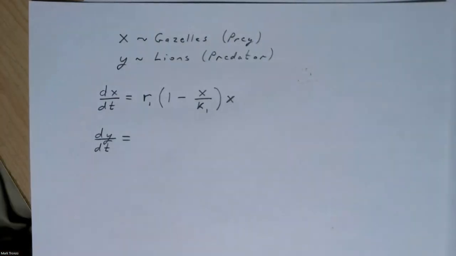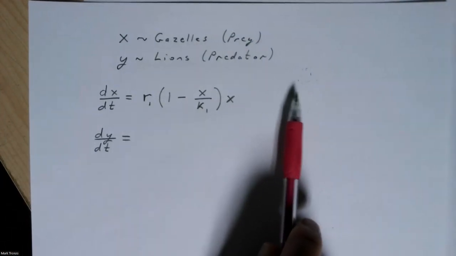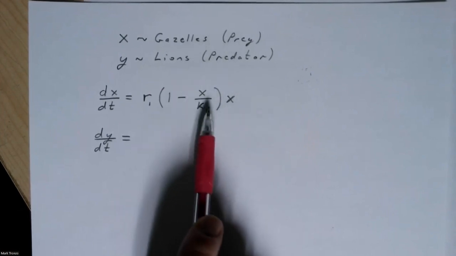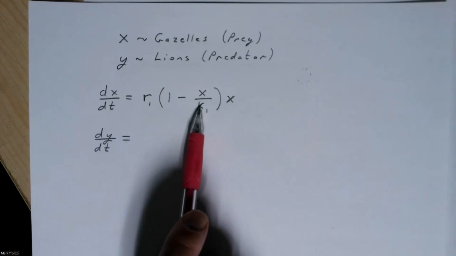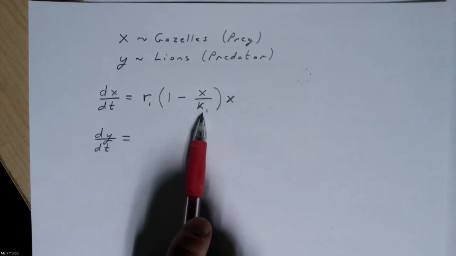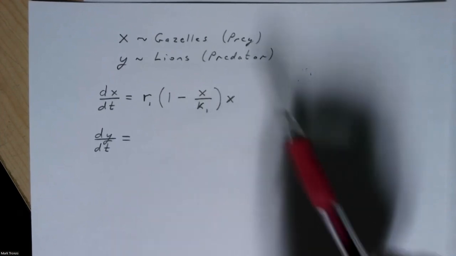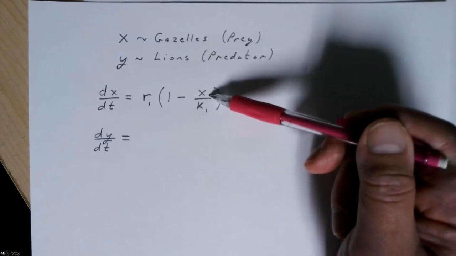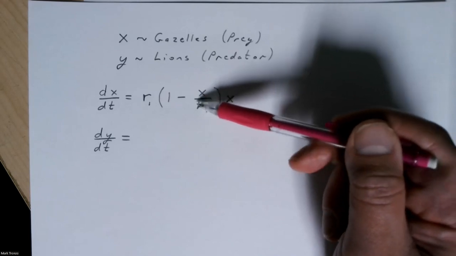Remember, for example, if you have a limited area, limited food, limited resources, you can maybe only maintain 1,000 gazelles in that area. So K1 would be maybe 1,000. And then notice what happens here: as your number of gazelles X gets closer and closer to 1,000, X over K1 is going to get closer and closer to 1.